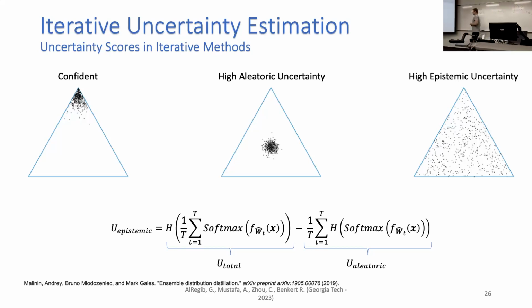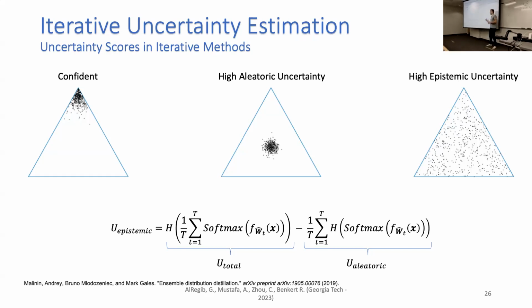Now, these things at the bottom that I'm showing you over here capture the mean and the spread. What I'm showing you here is a measure of mutual information, which is epistemic uncertainty, which captures spread, right? Versus if you just look at this thing over here, this piece captures basically the mean of the uncertainty of each of these individual points.